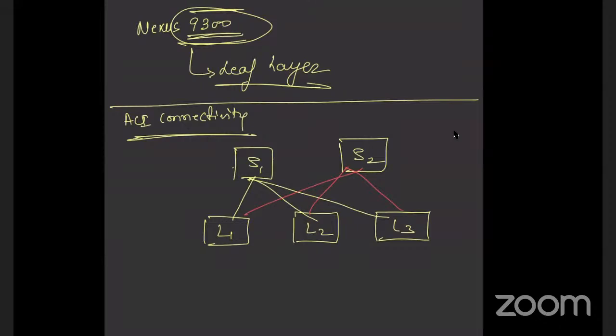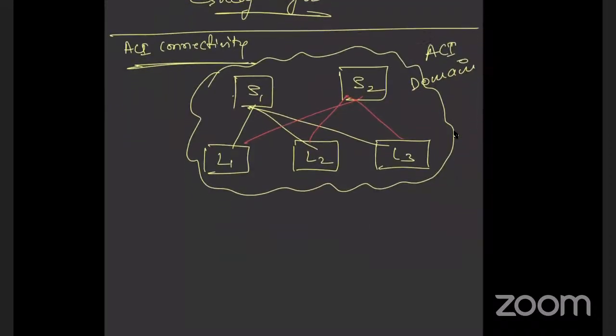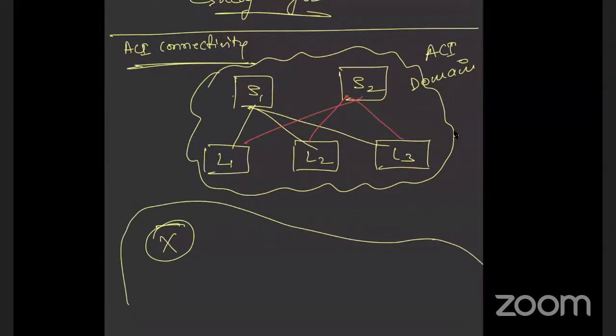If you are running your ACI in a single pod, then everything connects to your leaf. If this is your ACI environment, also known as the ACI domain, and you have a traditional network, for example your edge router in the traditional domain where you are not running ACI, you can connect your edge router to your leaf.